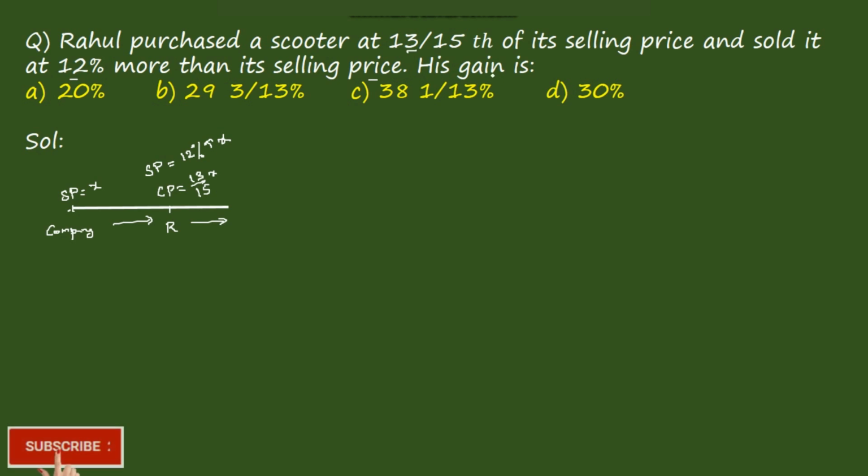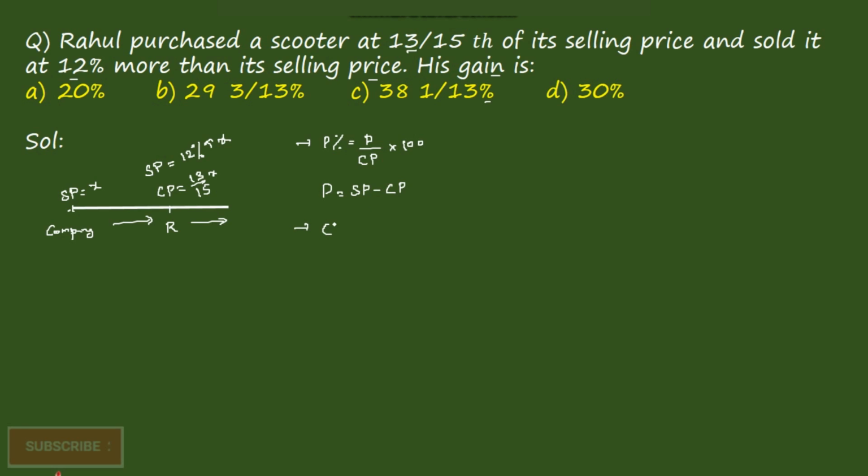Now they're asking to find the gain in terms of a percentage, right? So it is nothing but profit percentage, which is equal to nothing but profit by cost price into 100, right? Now profit is equal to nothing but selling price minus cost price, right? So we have to find selling price and cost price.